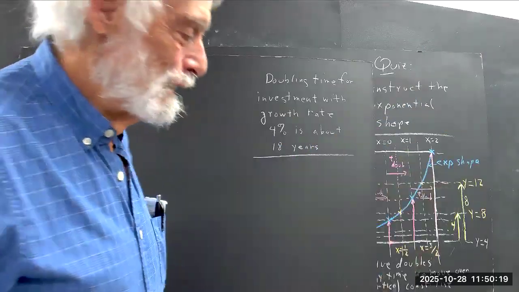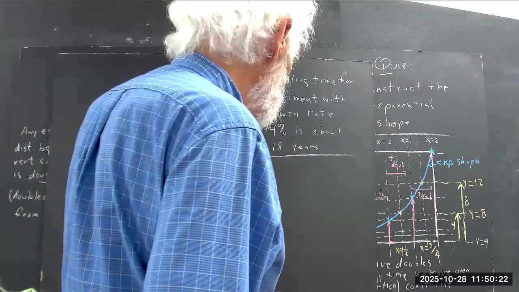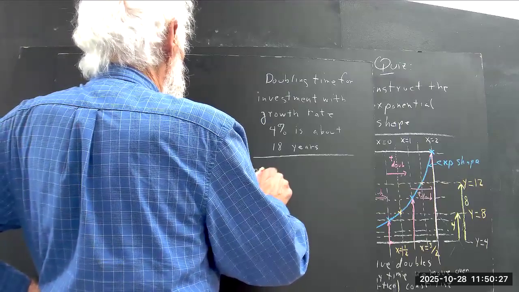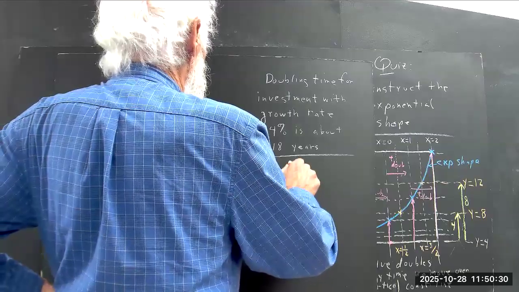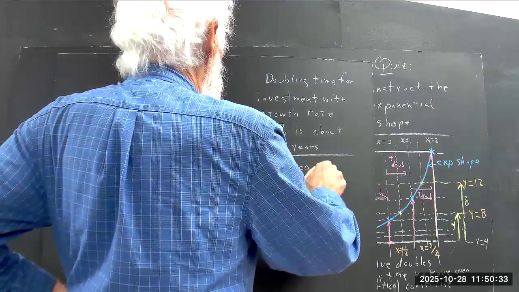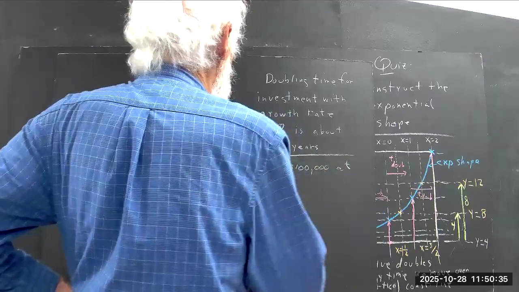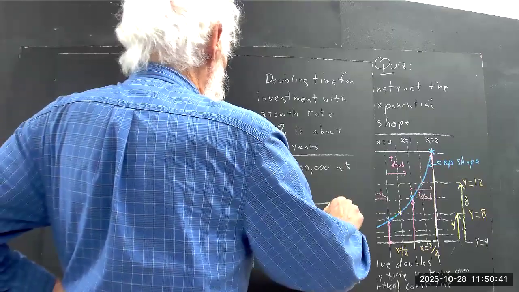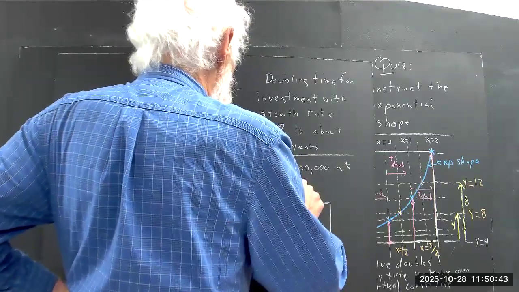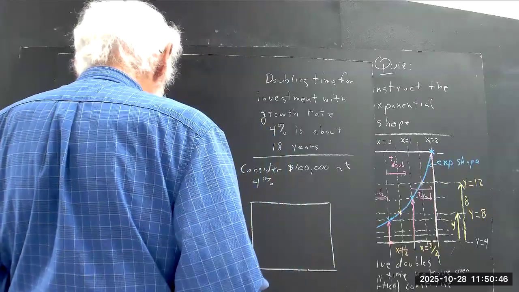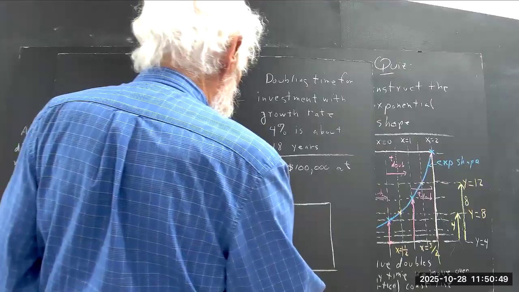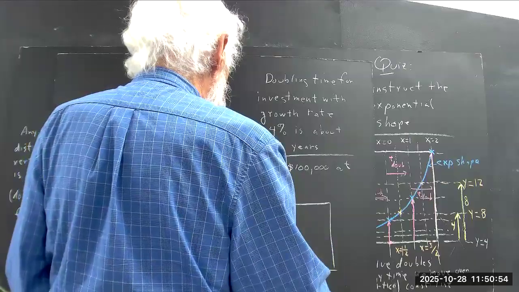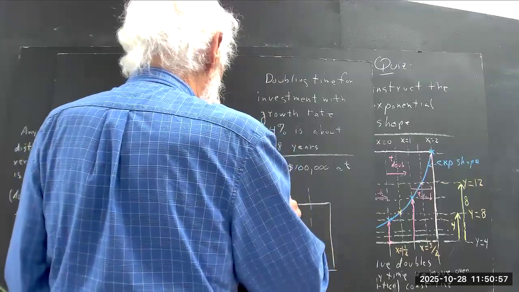Most of us think in terms of lower numbers, but we'll consider $100,000 at 4%. I'm going to go ahead with our red dot at the center and draw our construction lines.